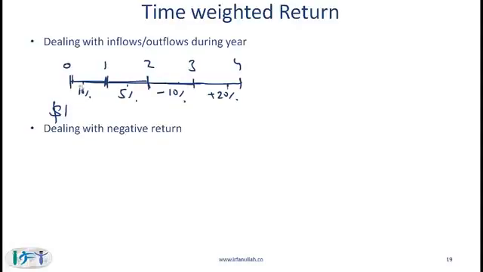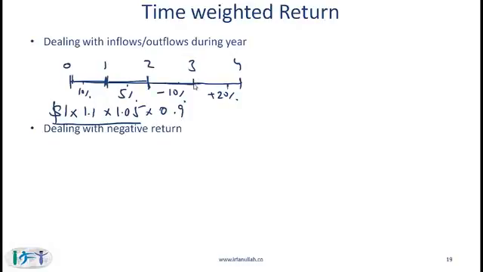And the calculation is straightforward. We multiply this by 1.1, because if there is a 10% return in the first quarter, then the dollar becomes equal to dollar times 1.1, which is 1.1. And then we multiply by 1.05 because there is a 5% return, and then multiplied by 0.9 because we have a 10% decline. So whatever value we have at that point will go down by 10%, and we express that by multiplying by 0.9.